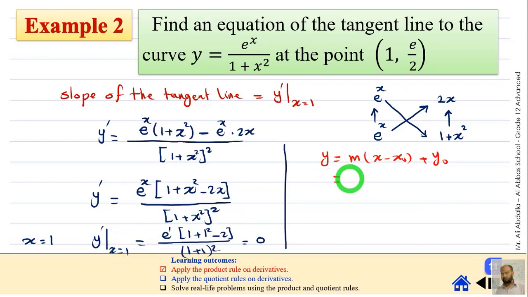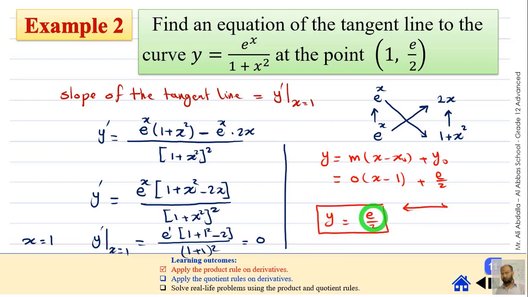Then we can substitute 0 times x minus 1 plus e over 2. Then we have the equation of the tangent equal to e over 2. This means the tangent line is a horizontal line at y equals e over 2.